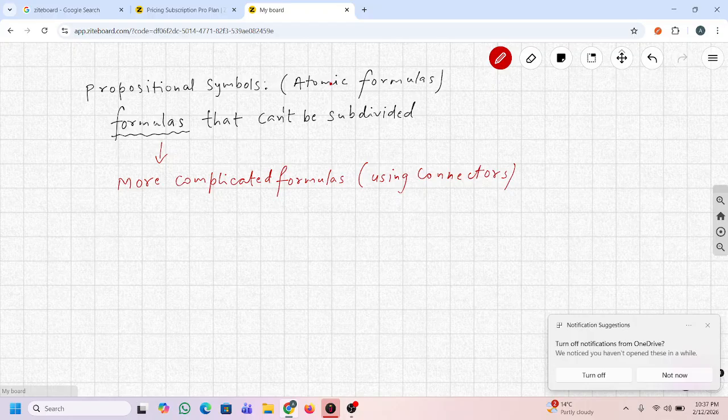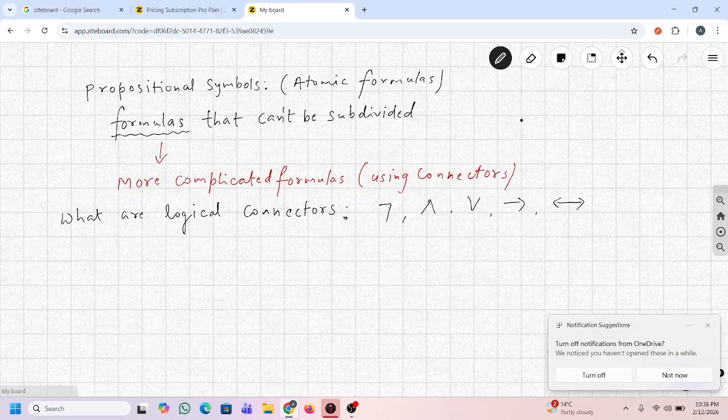Now see, what are logical connectors? Logical connectors are these symbols like negation, and, or, implication, and bidirectional implication.